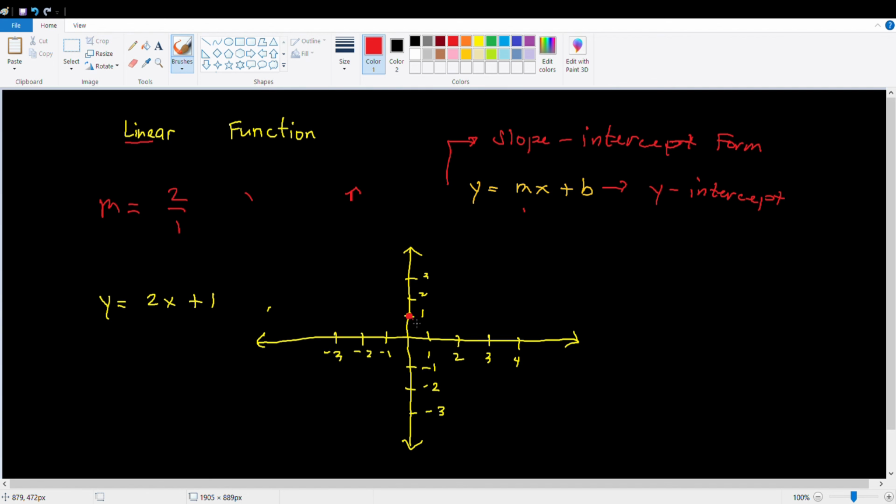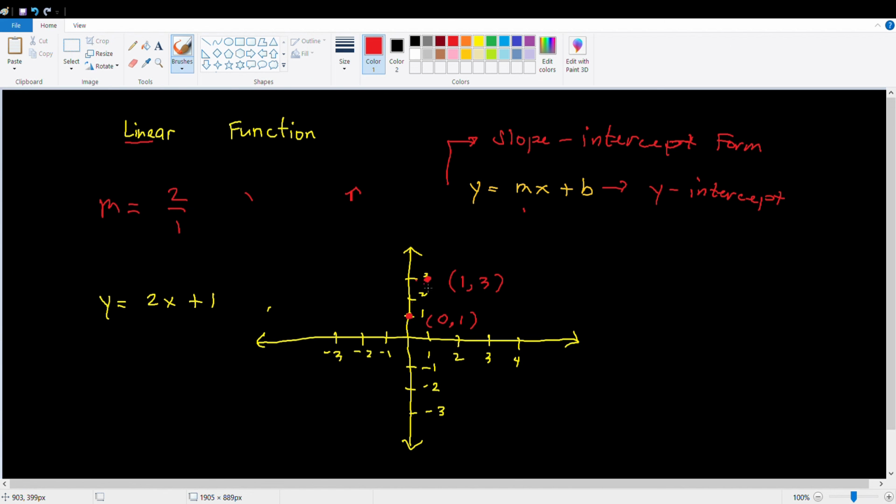Beginning from here, we move upward 2 units, 1, 2, and we run along the x-axis 1 unit. So here we get the coordinate (1, 3), and here we have (0, 1).